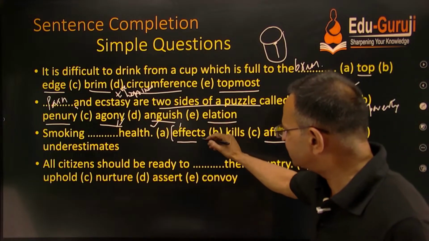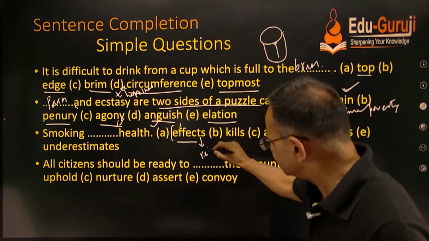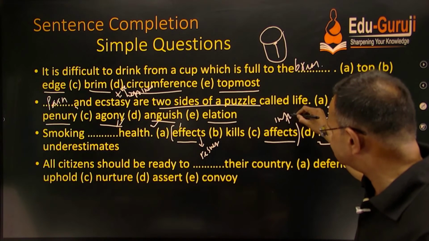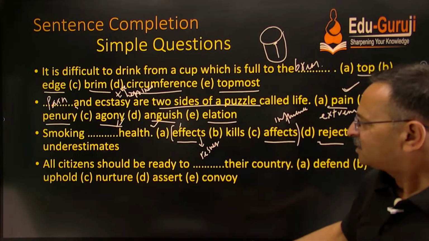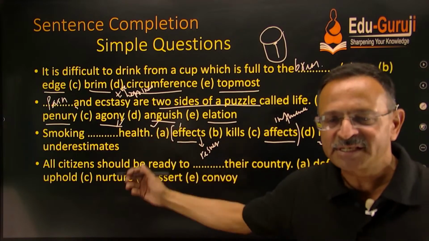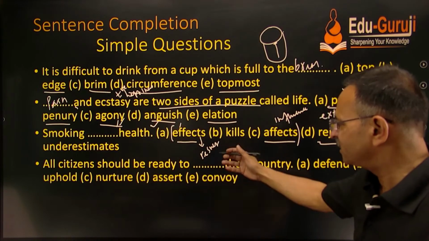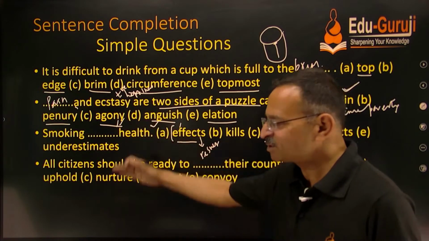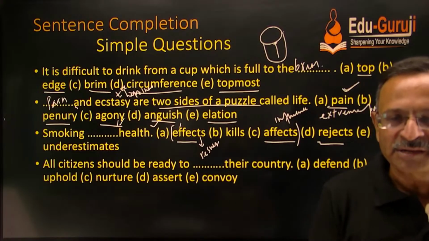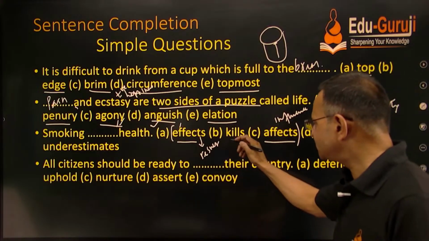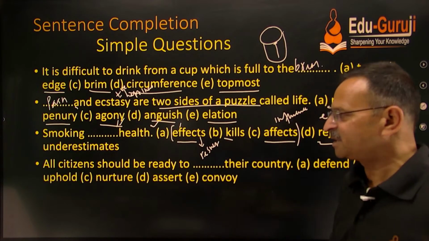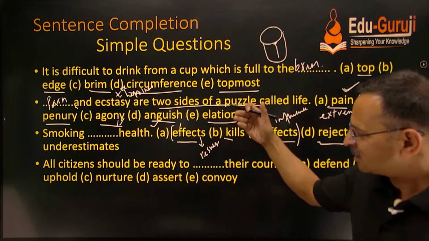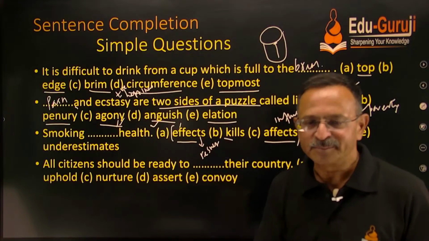We know effect means the result, and affect means influence. So obviously smoking influences health, not results health. If you use effects over there, the meaning would completely change. Obviously kills, effects and rejects cannot be the correct answers. They cannot be applied here.